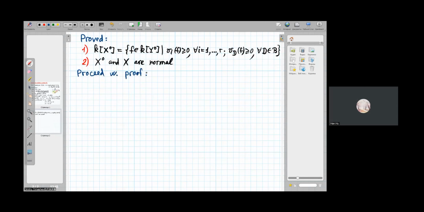And our next step will be to prove that the map phi is injective, that the map phi gives an open embedding of Y naught into X. So the map phi identifies Y naught with the open G orbit in X. Actually, it suffices to prove that this map is birational.